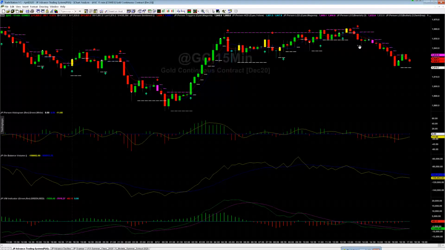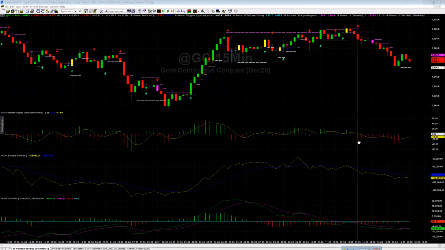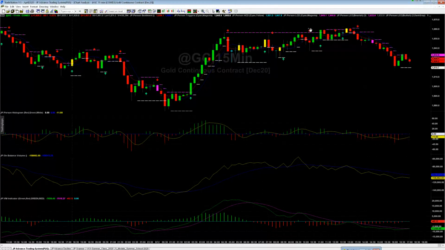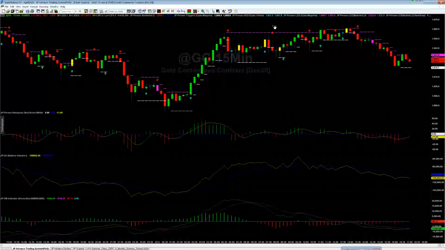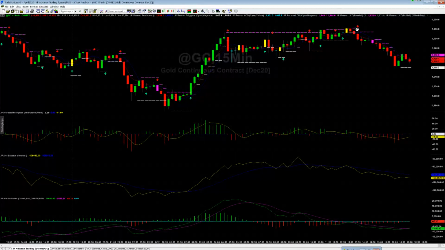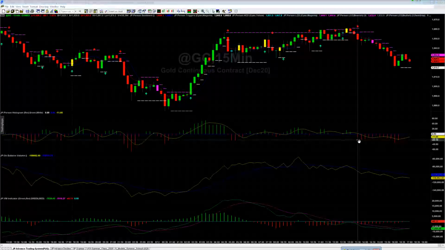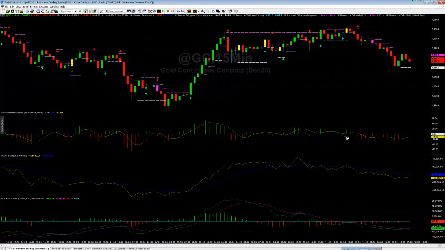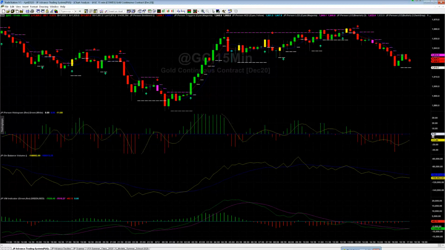Now, to be fair, this sell signal that was generated with the momentum of the histogram was clearly flashing time to sell. It had struggled multiple times. It had multiple shorts that didn't work, but now this one came at a cost of a breakdown of momentum, and the histogram was in a full divergence pattern.